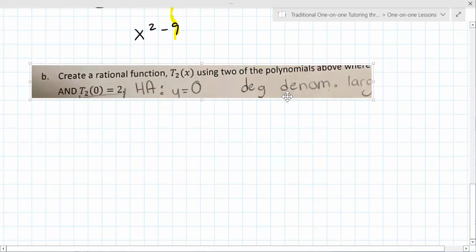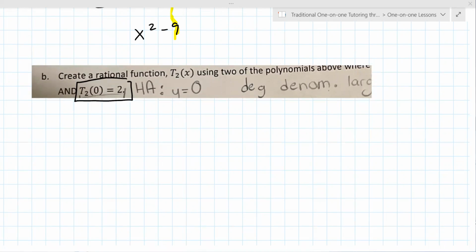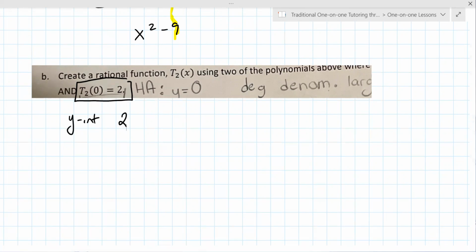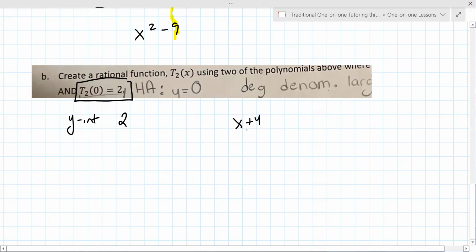Yeah. So this business right here, you said, okay, that's the y-intercept. The y-intercept is 2. Okay. And that's almost like a cheat on this, because there's only one possibility for it to go to 2. It's x plus 4 in the numerator.